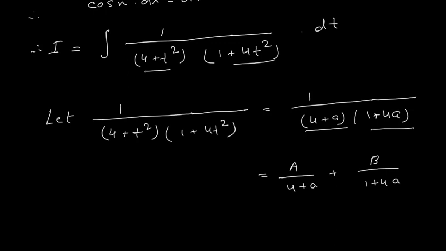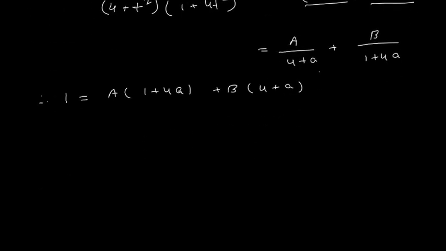So you can do it like this. Now here the denominator part will cancel, and I have 1 equal to a into (1 plus 4a) plus b into (4 plus a). So we first put the value of a as minus 4. So let a equal minus 4.